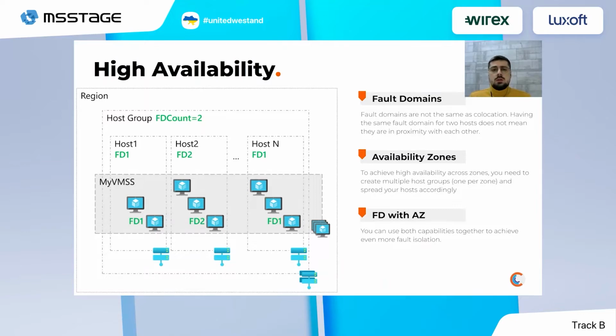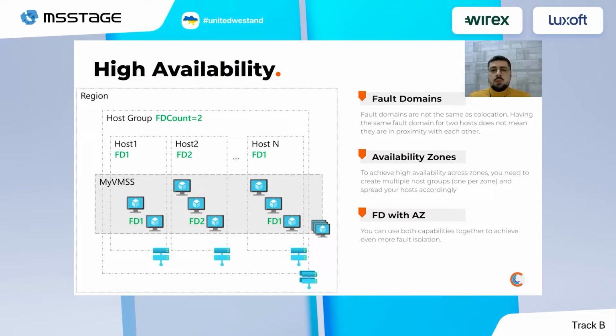You can use availability zones for fault isolation. Availability zones provide a unique physical location for your resources within the Azure region.